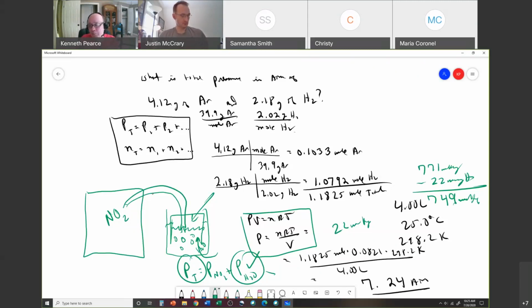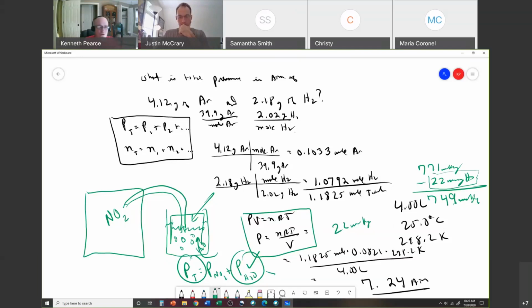You don't want to be that person. All right. So there is water vapor in everything that you do if you're going to collect it over water. But it's real easy. You just subtract off whatever it is for that particular day. It's going to be different on different days. All right. So that is partial pressures.